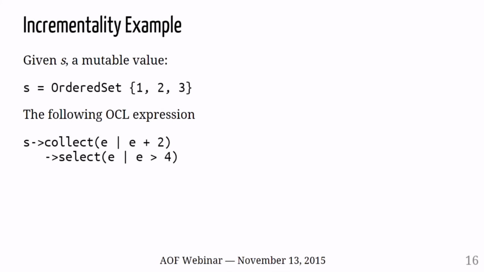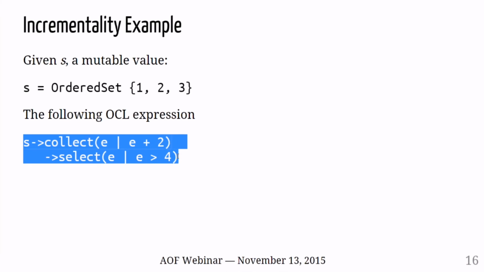So let's consider S, a mutable value, basically an ordered set in this case, which contains three integer values: 1, 2, and 3. And we want to compute this expression from this ordered set.